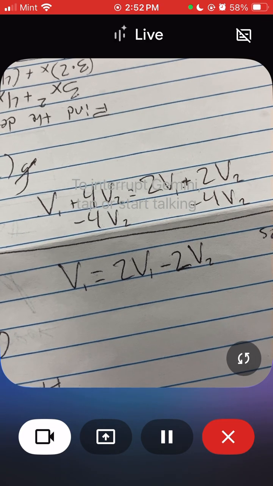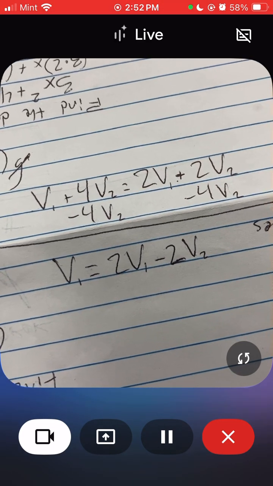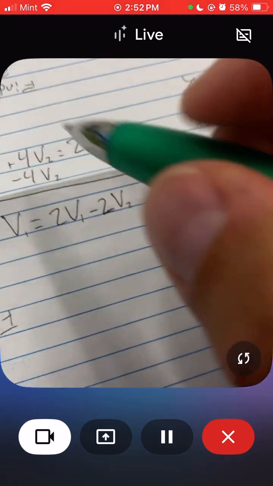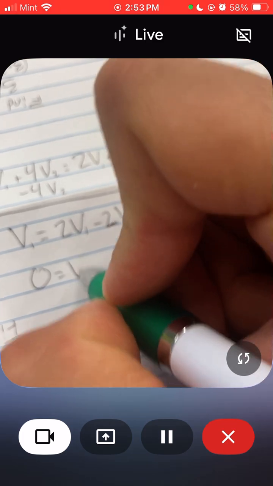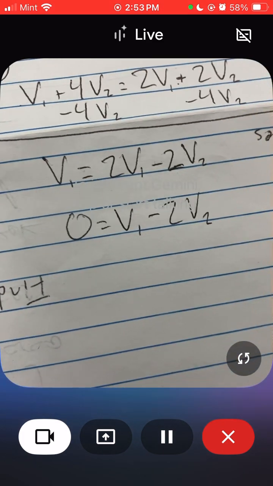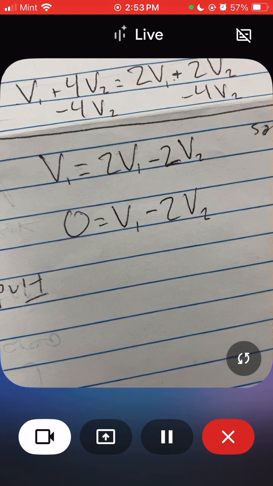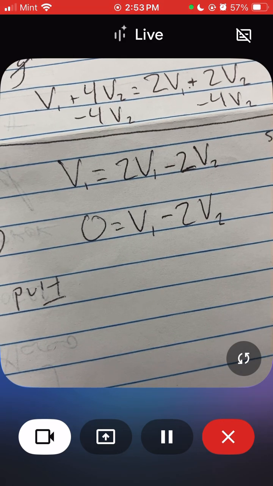Okay, so we have V1 equals 2 V1 minus 2 V2. Next, let's subtract V1 from both sides to isolate the V2 term. What does that give you? Is it this? Almost. When you subtract V1 from both sides, you should have 0 equals V1 minus 2 V2.